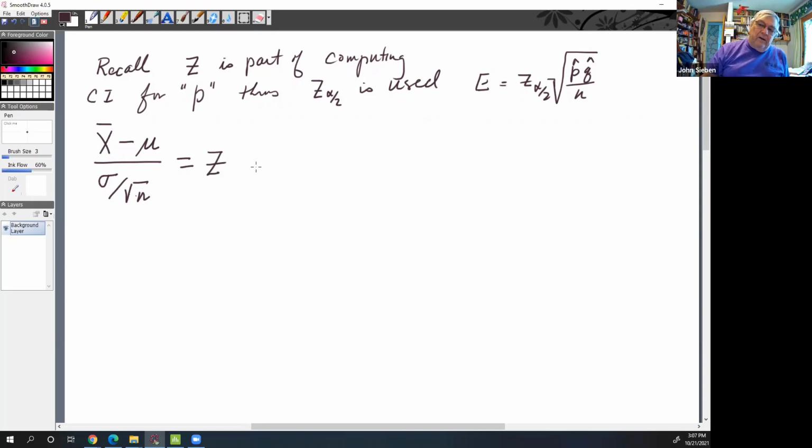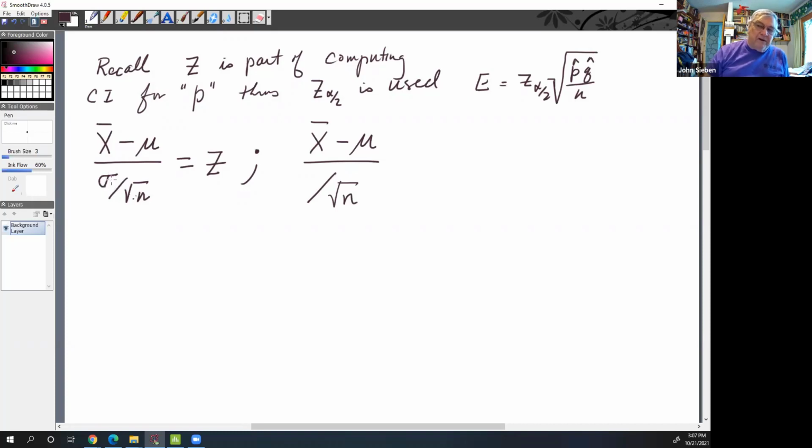Now, it's going to turn out in just a second that I want to take a value of X bar and subtract its mean, and I want to divide by the standard deviation of X divided by the square root of the sample size, but I don't know this. I need this one, but I don't know this little piece right here.